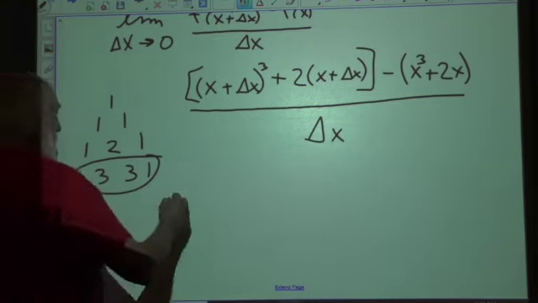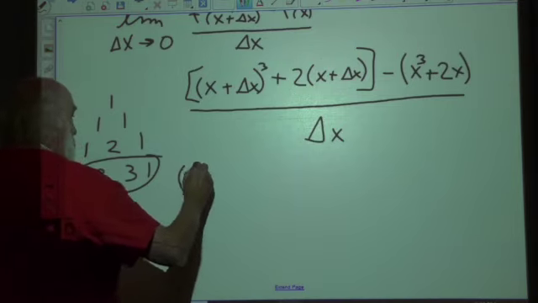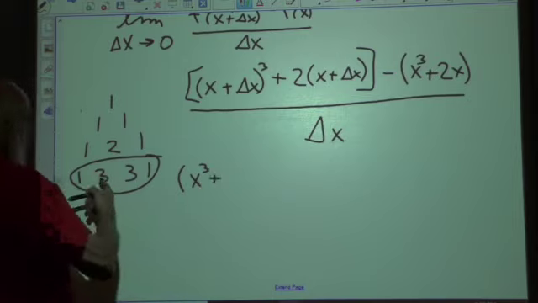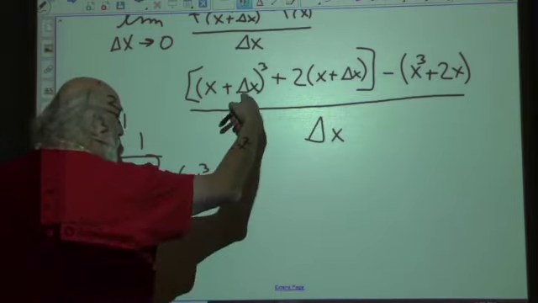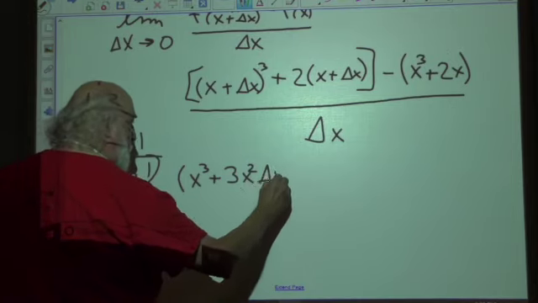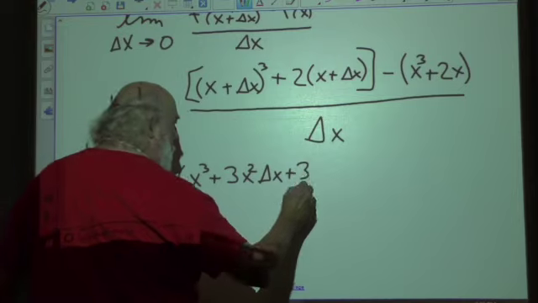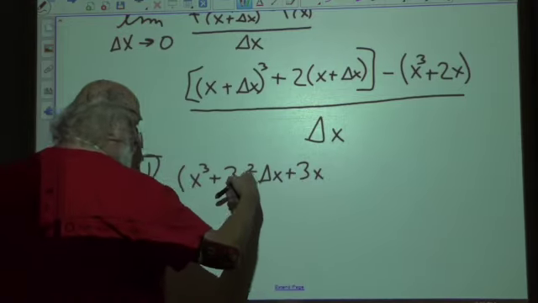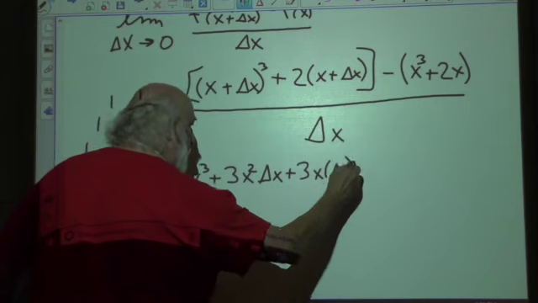So this becomes then x cubed plus, and this coefficient goes in right here, 3x squared, and then the delta x gets introduced for the first time, plus, now 3 is the next coefficient, 3 times x, so the x squared becomes x, but now the delta x becomes delta x squared.